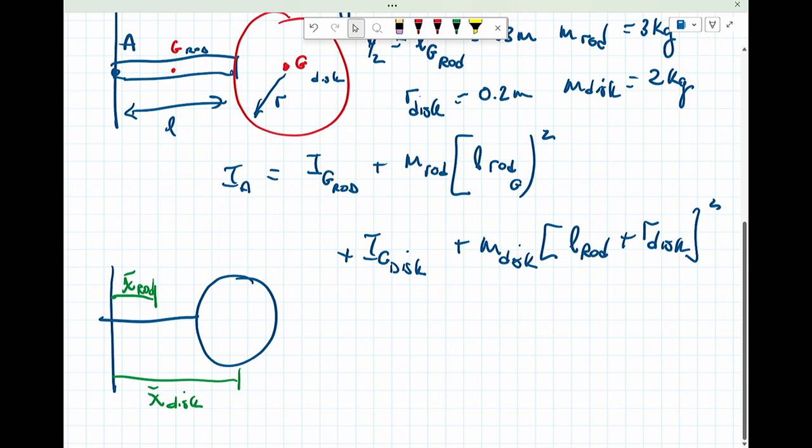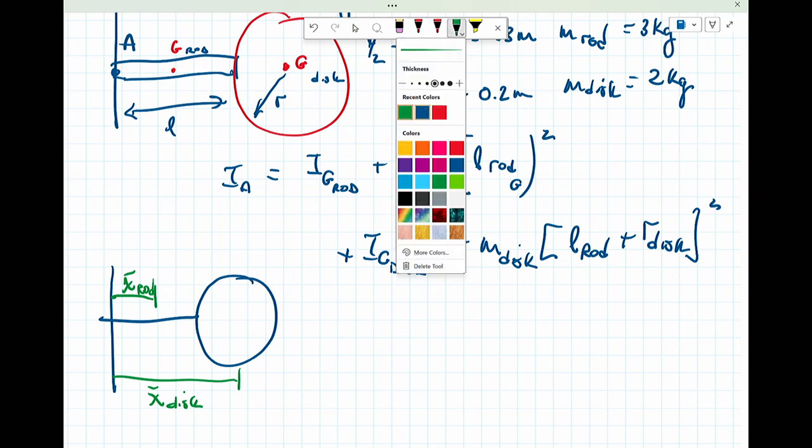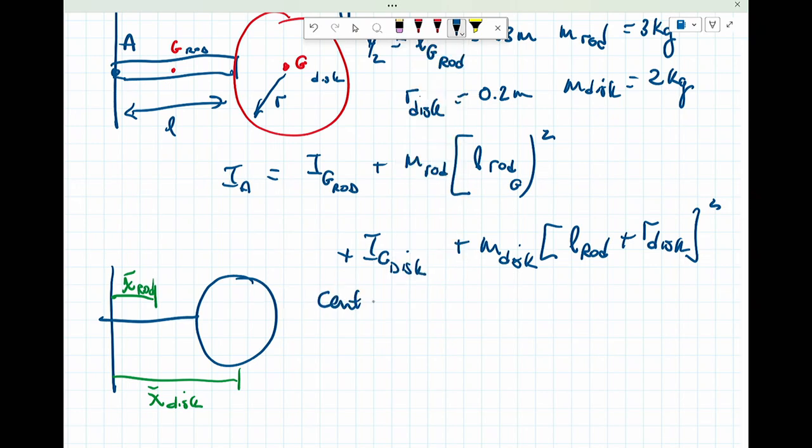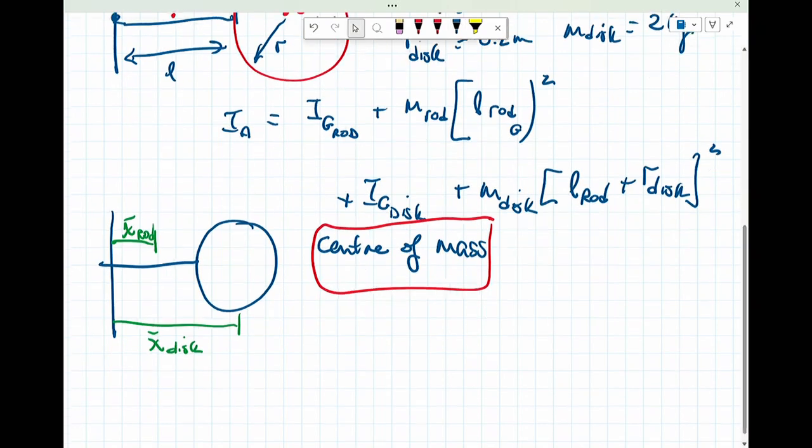And what I'm interested in is where the center of mass of this object is, because you want to shift it from some arbitrary point to a point of interest. And in doing so, shift all of these values over.